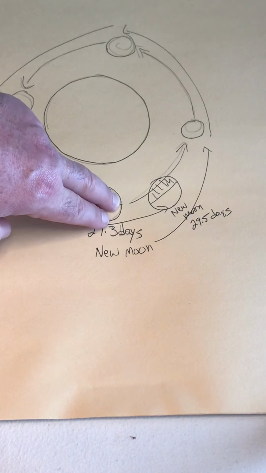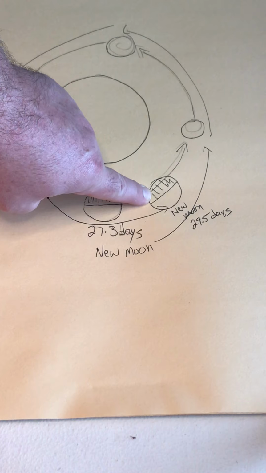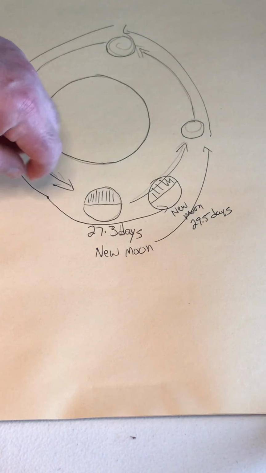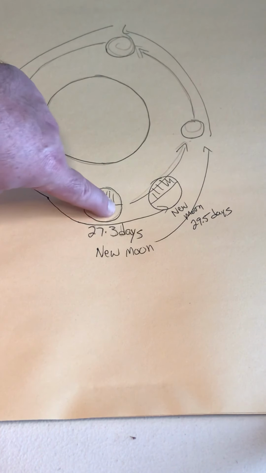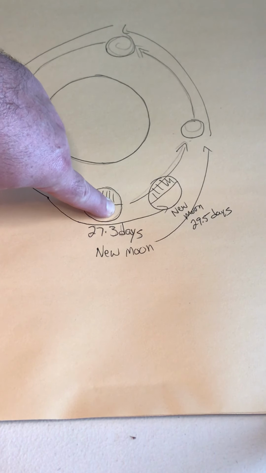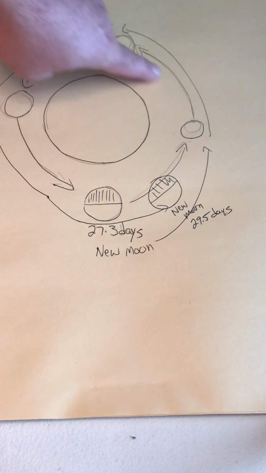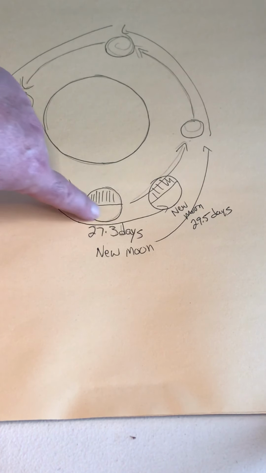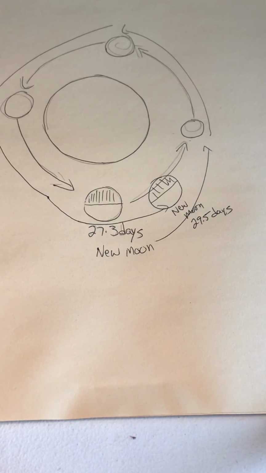But it's not new again until 2 days later over here at 29.5. So the orbit from here all the way around the Earth back to the same starting position, 27.3 days. But to go from new moon all the way around to new moon again, it's going to go all the way to 29.5 days, which rounded up is 30, and most months are 30 days, 30, 31.